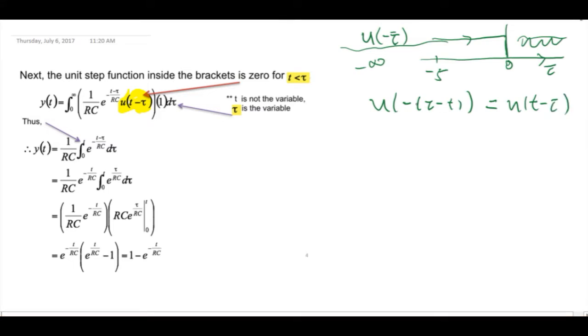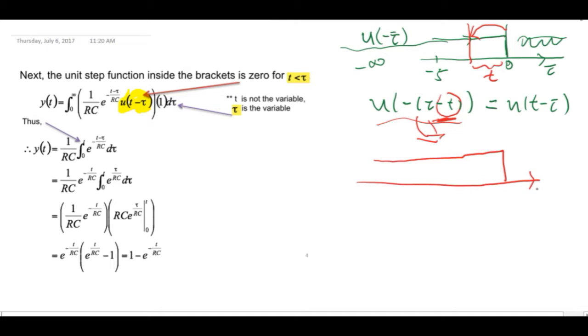When we consider that, we shift the axis because of this minus t into t here. By doing that, this gives us a waveform like this. This is tau, this is 0, and this is t. We see a very interesting thing: it has 1 all the way from minus infinity until tau equals t.